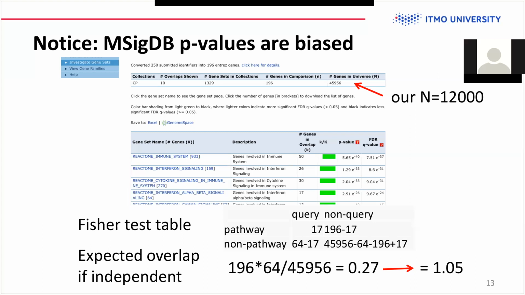Thank you. Okay. So coming back to this point, when we decrease our universe, the expected random overlap will be higher, and while the 17 will still be significant, it will be less statistically significant if you do everything correctly.